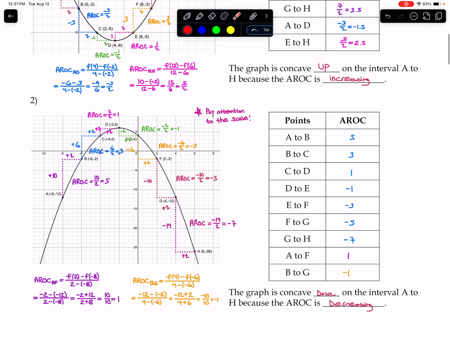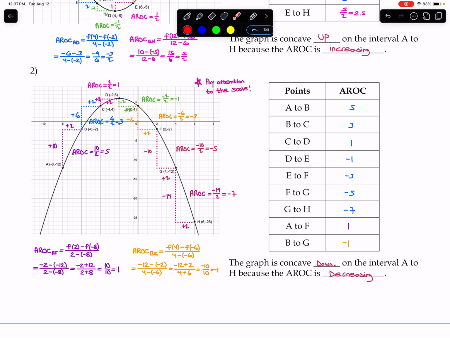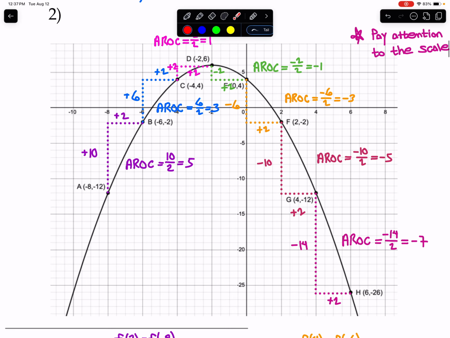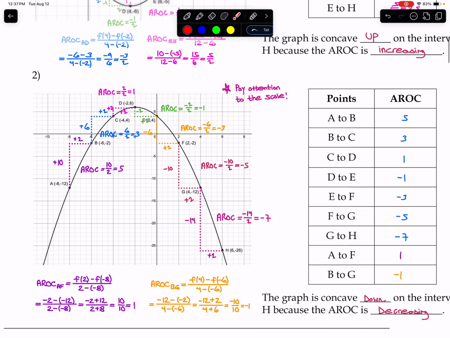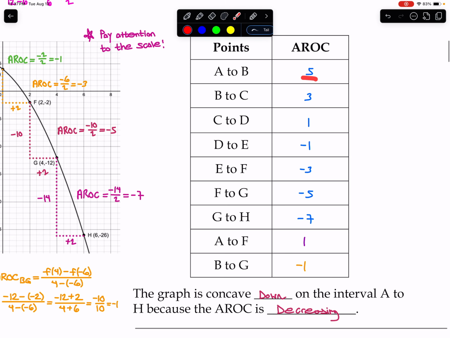Same idea down below: we're looking at the average rate of change if our graph is facing down. As we know, this would be concave down. When I look at the average rate of change over these intervals, notice how we're going from 5 to 3 to 1, -1, -3, -5, -7. The average rate of change is getting smaller and smaller, meaning it's getting closer and closer to negative infinity, so it's getting more and more negative.